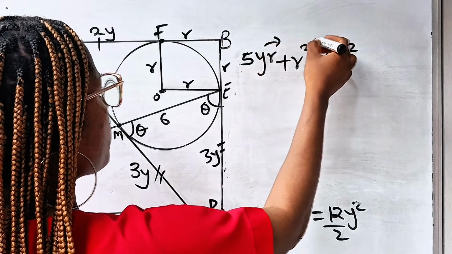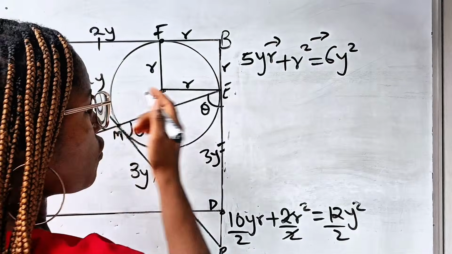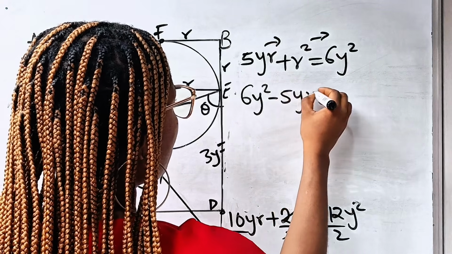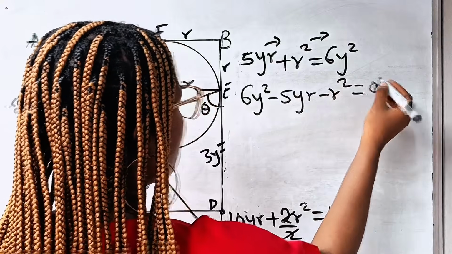Now let's transfer everything to this side. If we do that, we have 6y squared minus 5yr minus r squared is 0.